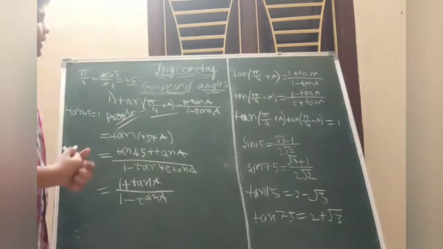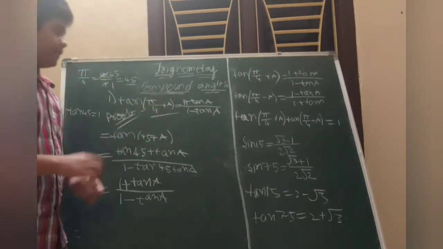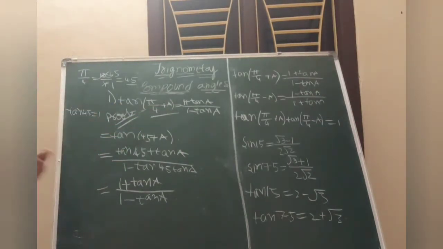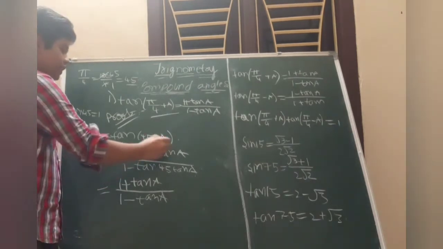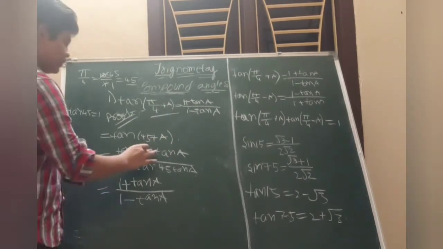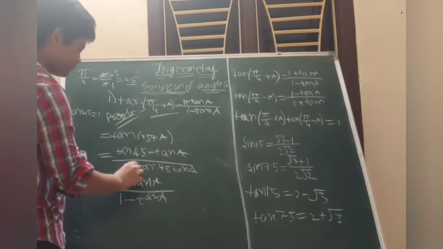And tan pi by 4 minus A you can also find in the same procedure, but you have to apply the tan of A minus B formula. Then here it becomes minus, here it becomes plus.